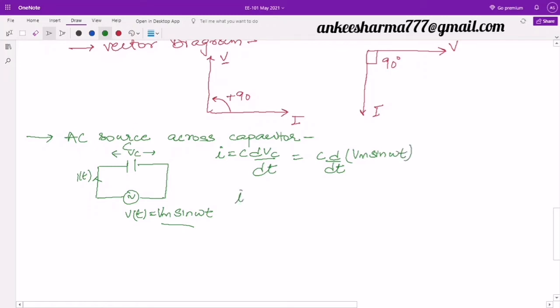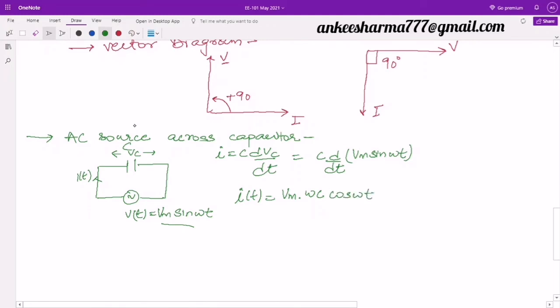So I will get I of t, taking the derivative, equal to Vm into C into omega, or I will write simply omega C, times cos omega t, after taking the derivative of sine omega t.